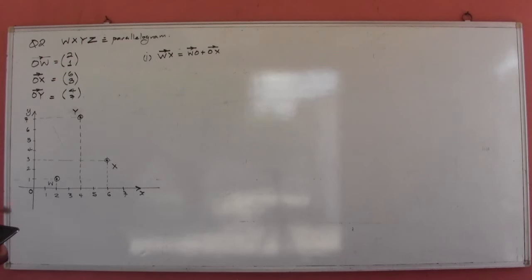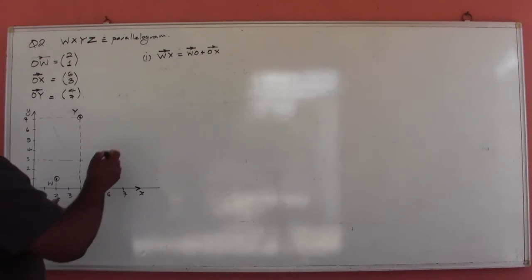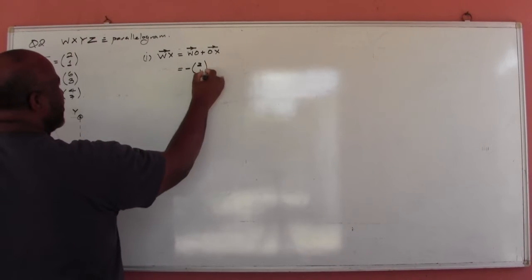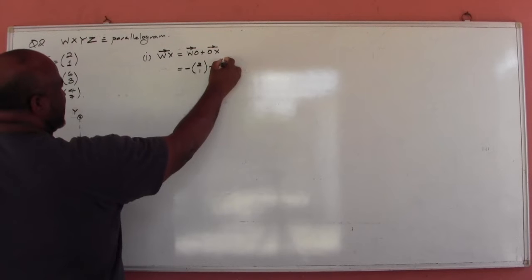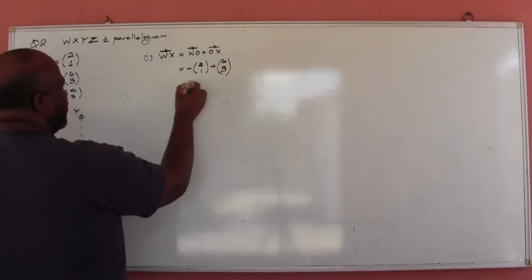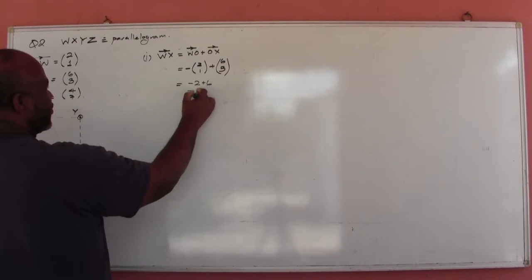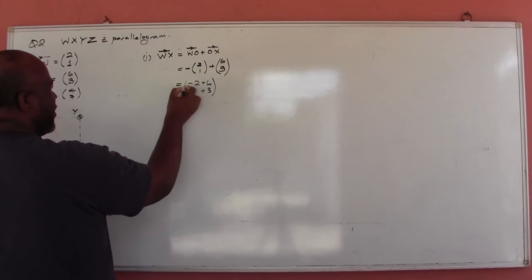OW is (2, 1), so WO would be (-2, -1), indicating that you're going in the opposite direction. So this is (-2, -1) plus OX, which is (6, 3). So this is -2 plus 6, -1 plus 3.